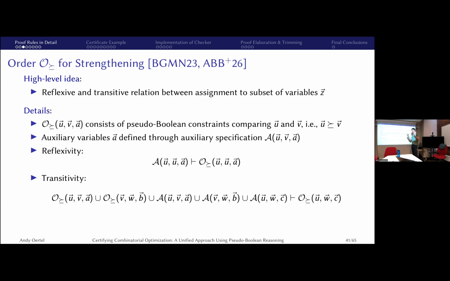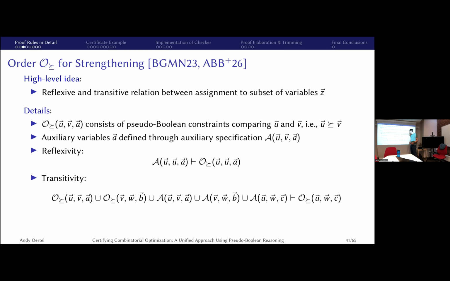So it can also define an order just without any auxiliary variables and auxiliary constraints. And then we have the conditions that the order is reflexive and transitive. What this means is that from nothing, from an empty formula, we can derive that u is greater equal u.